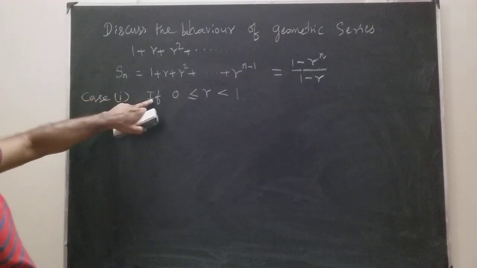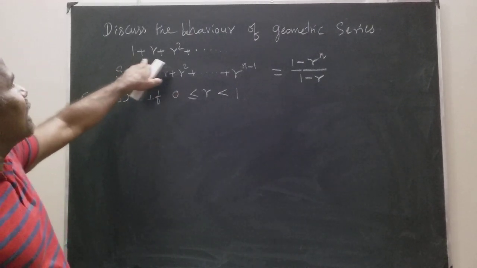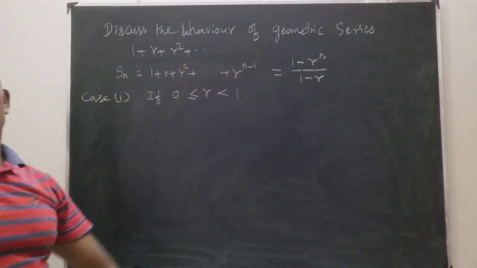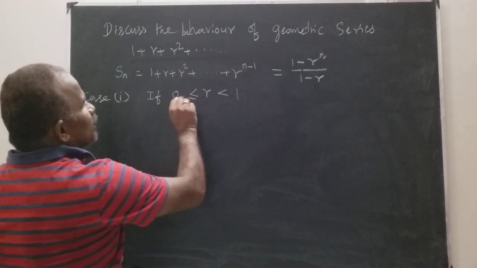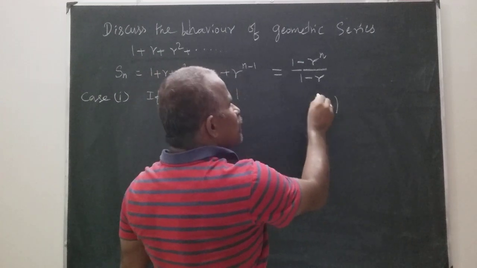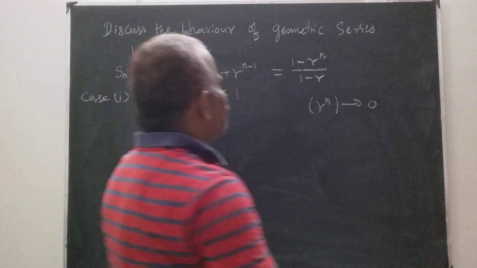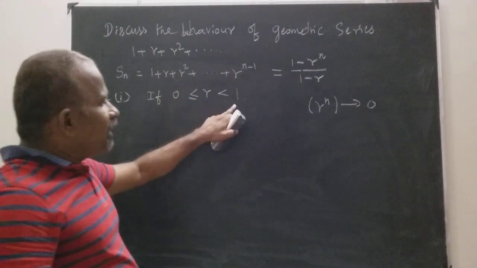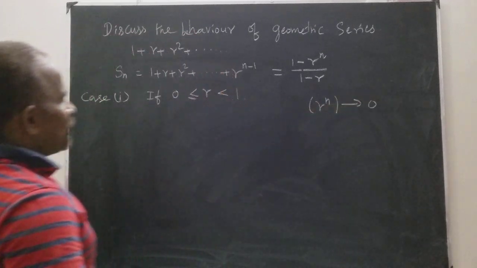Now we are going to say that in this particular r, how the series behaves. Okay. Now suppose r lies between 0 and 1, the sequence r power n converges to 0. If you take any number, the sequence r power n converges to 0.